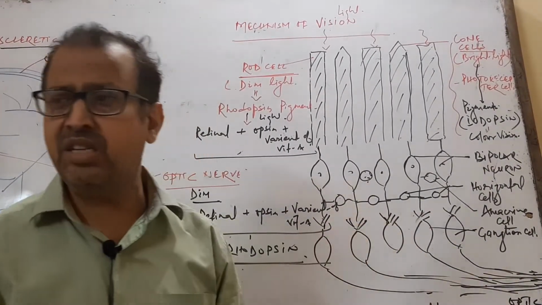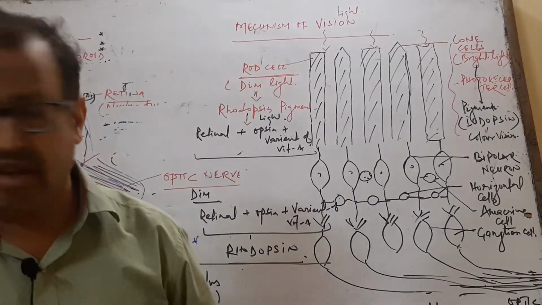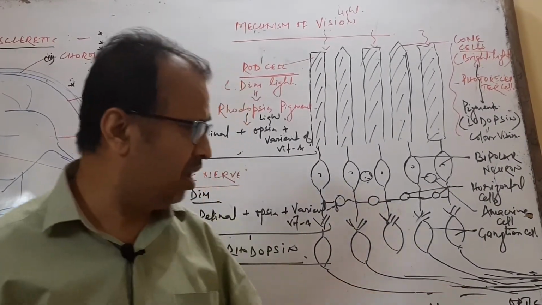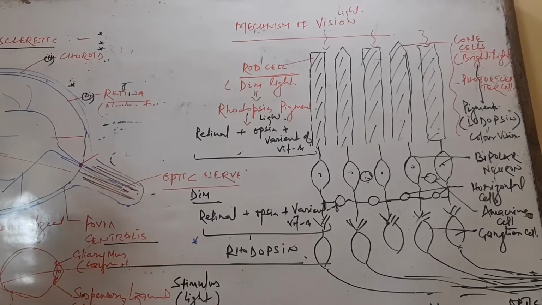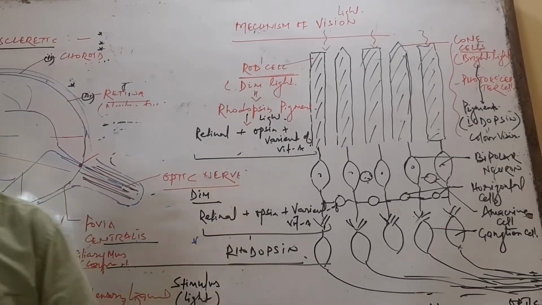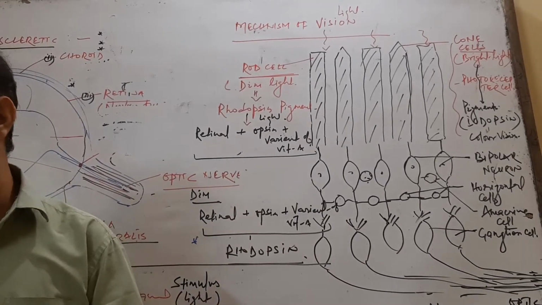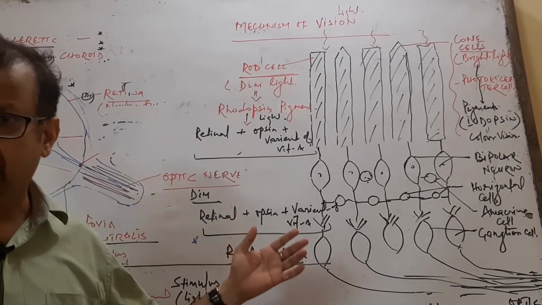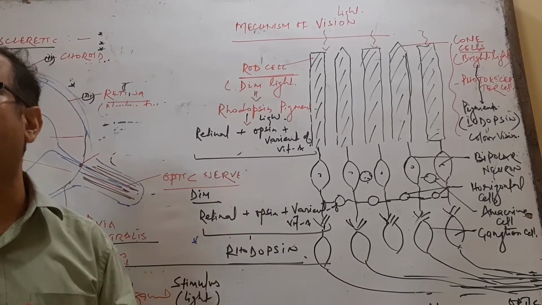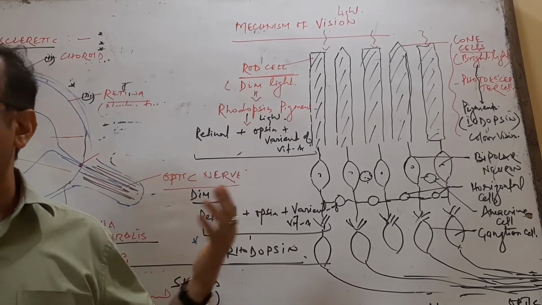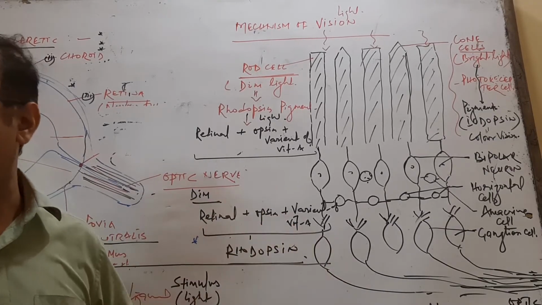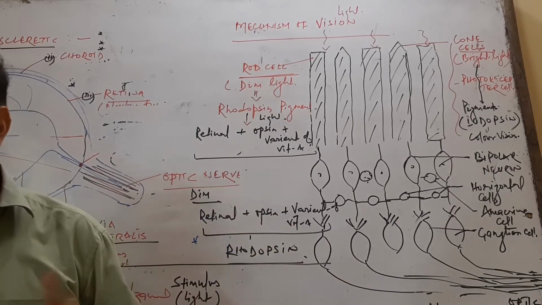Then the ganglionic axons lead outside as the optic nerve, and the optic nerve goes to the brain, where the visual cortex is present, responsible for vision. There the inverted image formed on the retina is converted into a real image.